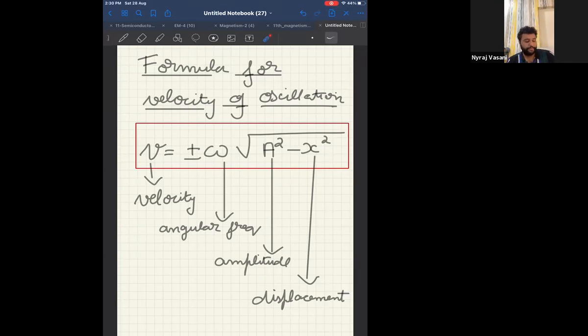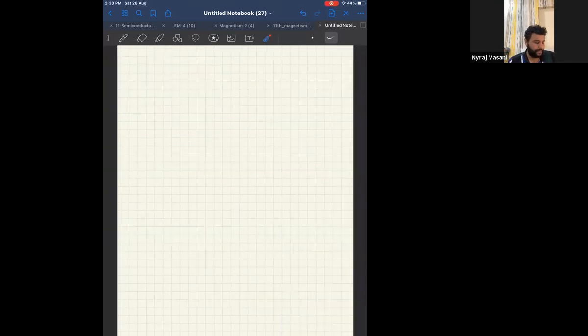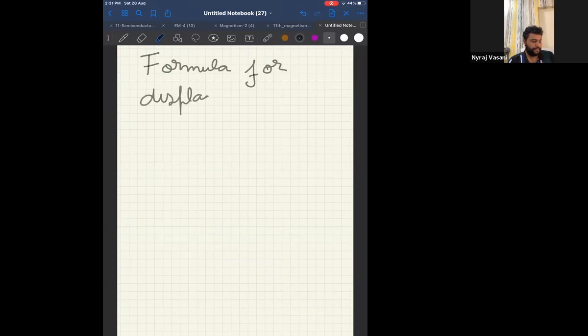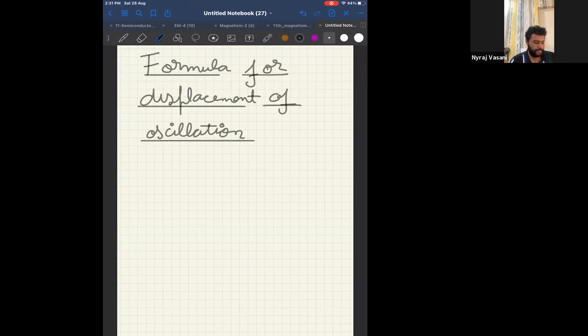Now write down the side heading. Formula for displacement of oscillation.